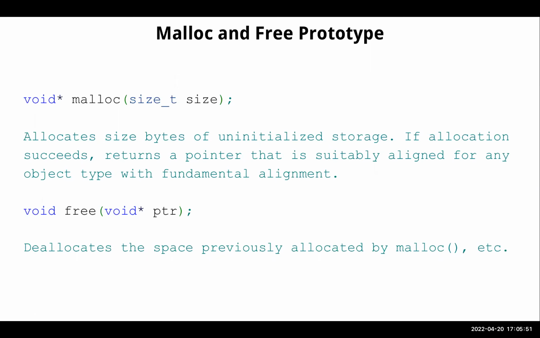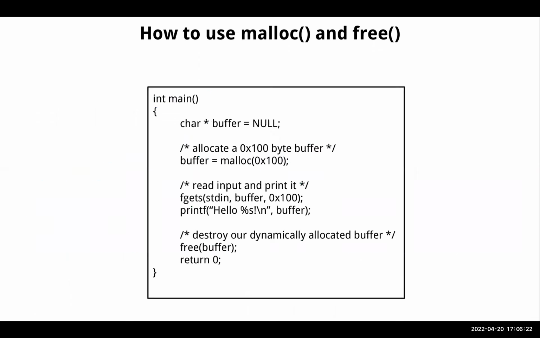For that, you use the free function, which takes a pointer as input and doesn't return anything. So it doesn't really give you any feedback whether you freed that memory successfully or not. The free function basically deallocates the buffer previously allocated by the malloc function.